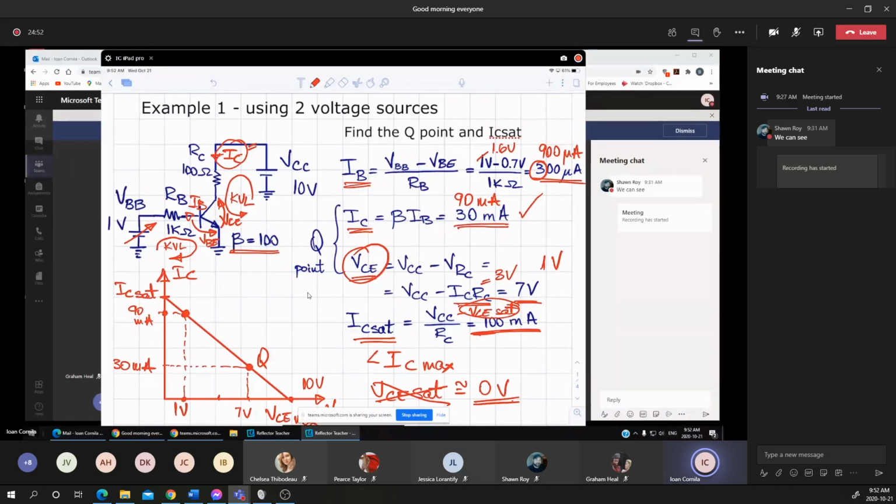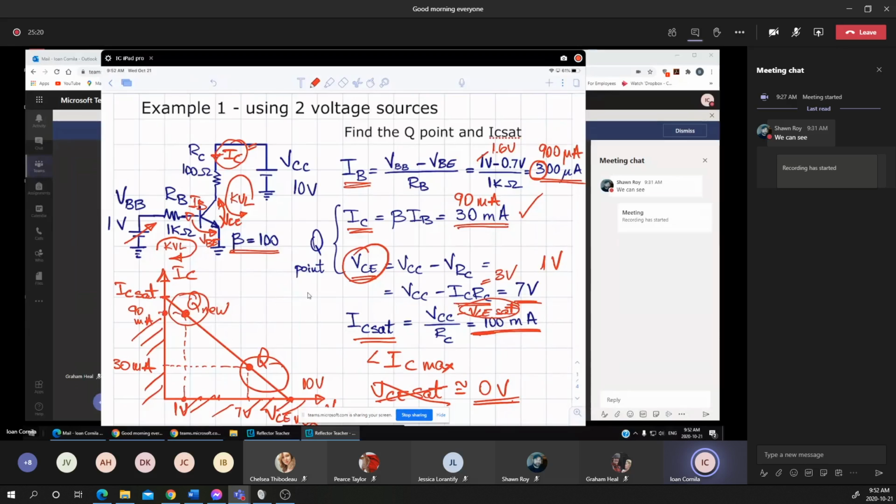You notice that in the first case the Q point is placed close to the cutoff region. In the second example that I made, the new Q point is placed closer to the saturation region, which is on the left side of the graph.